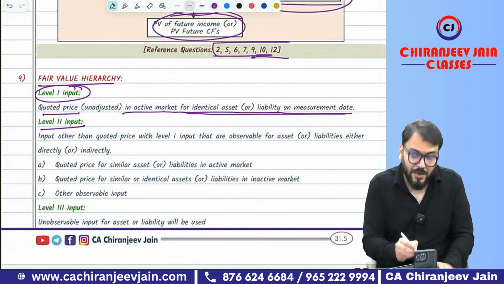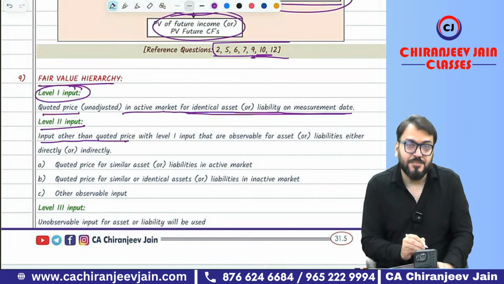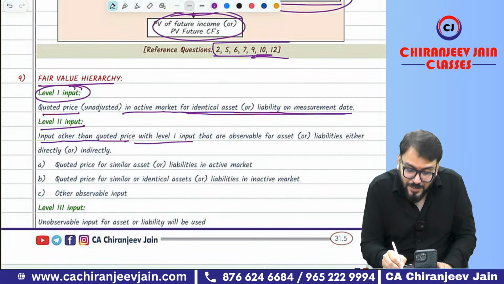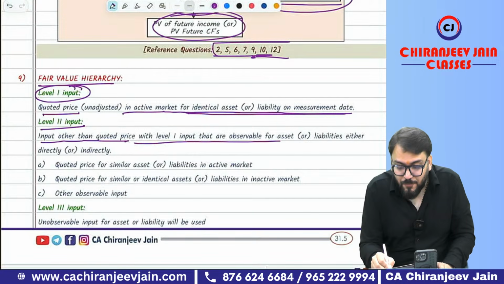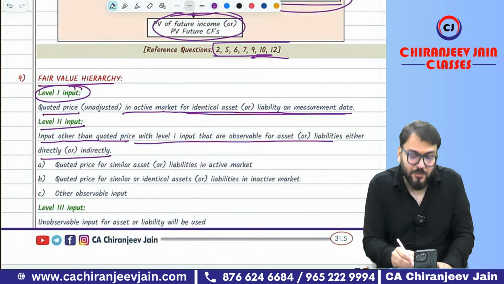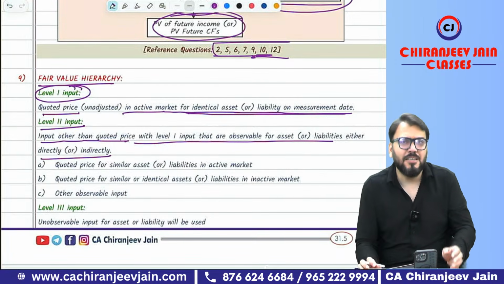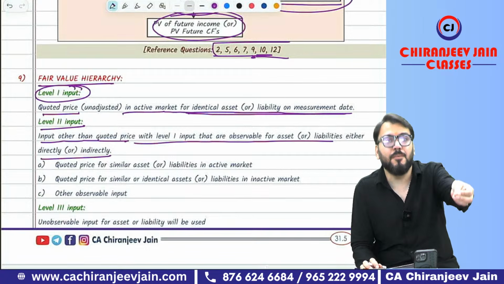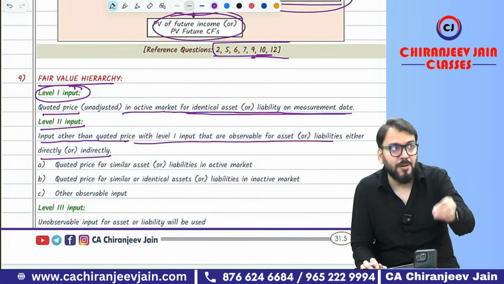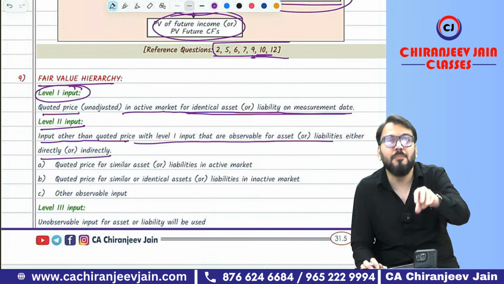Level 2 input means what? Input other than quoted price included in level 1 that are observable for the asset or liability either directly or indirectly. Means it is other than the quoted price, but it is the quoted price of a similar company with some adjustment. Quoted price of a similar company with some adjustment, that becomes level 2.